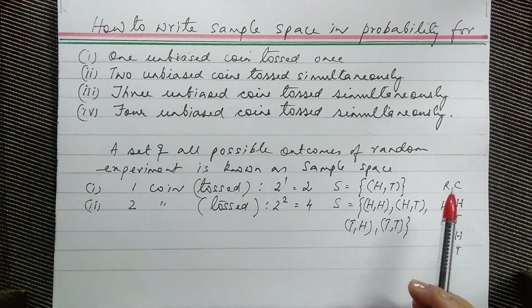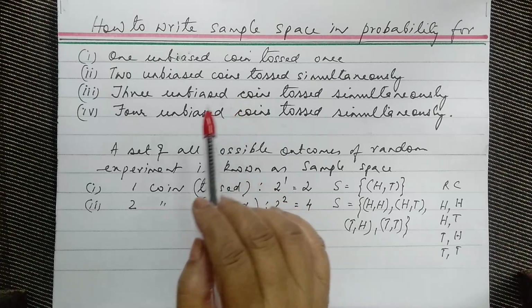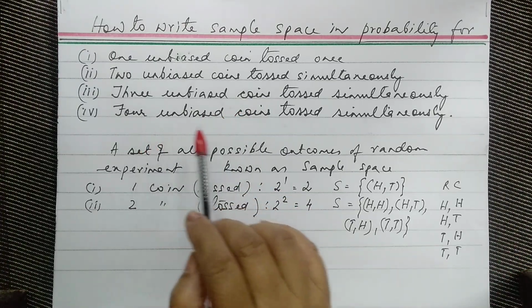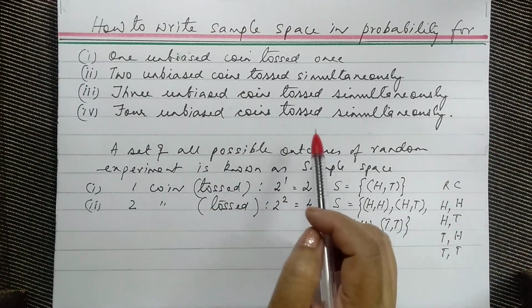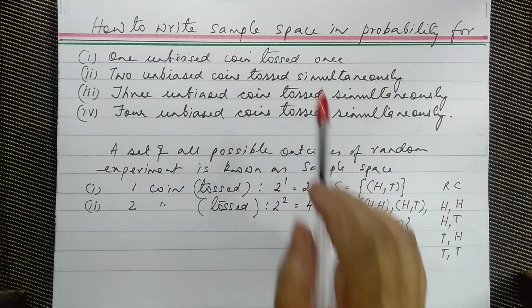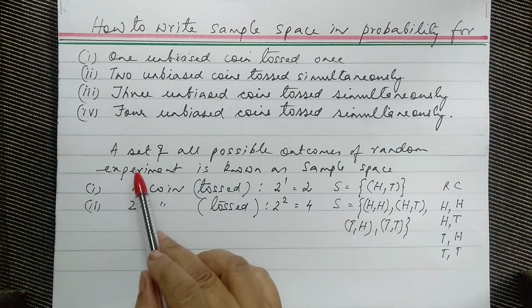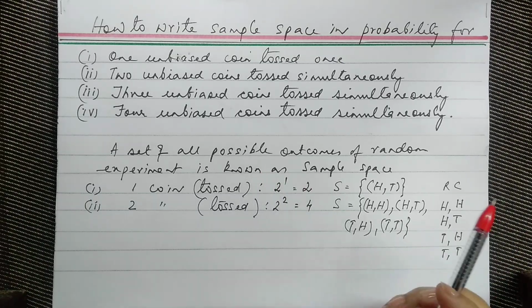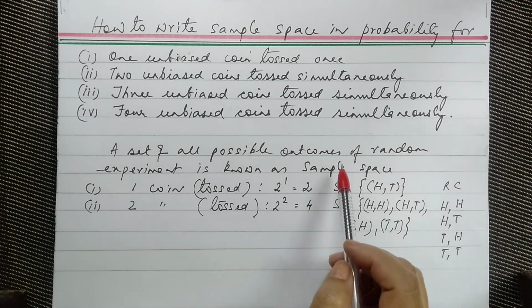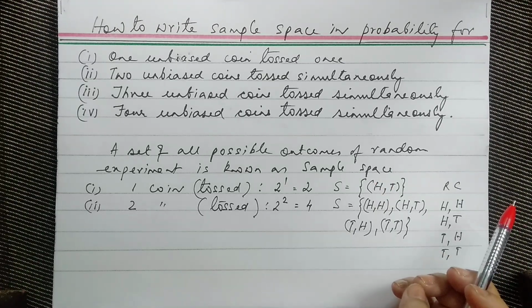for how we'll be able to get the sample space, whether we are tossing a single coin or two coins, or three coins, or for that matter even four unbiased coins simultaneously. To understand what sample space is, it is very important to know that it is the set of all possible outcomes obtained through a random experiment.